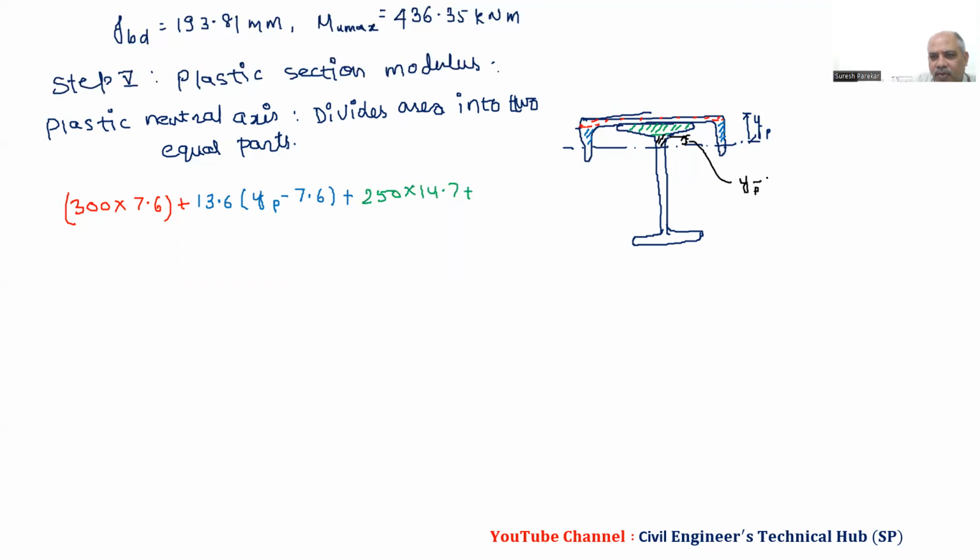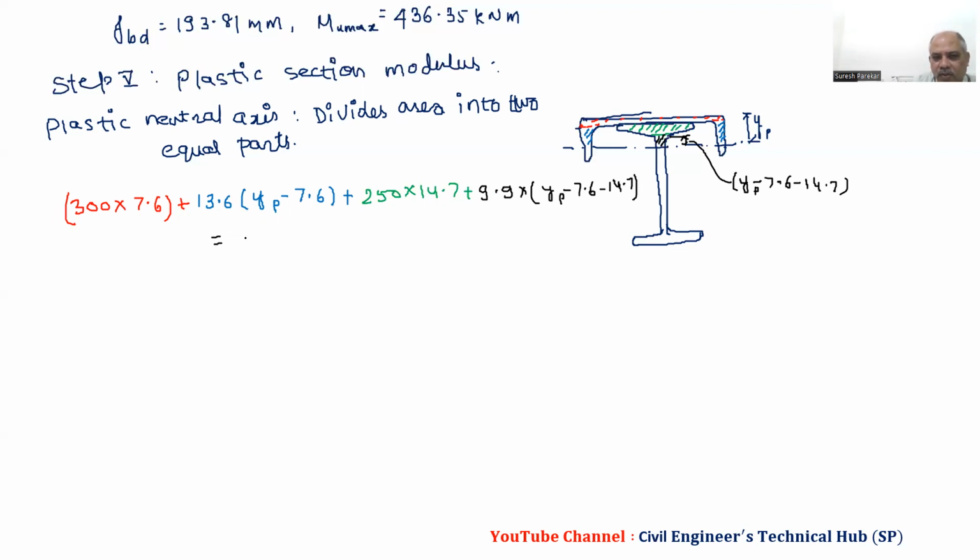From YP we have to subtract the thickness of the web of the channel, 7.6, and subtract the thickness of the flange of the beam, 14.7. And therefore, with thickness of web 9.9, we have 9.9 multiplied by YP minus 7.6 minus 14.7.